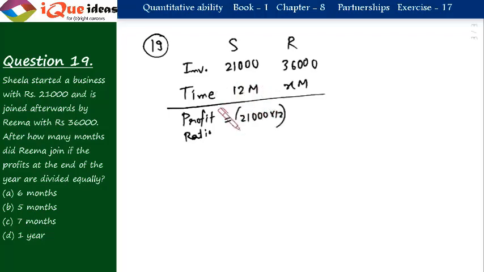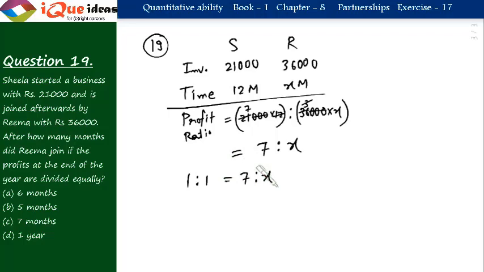So it is 21,000 into 12 is to 36,000 into X. So if you divide, 0 gets cancelled. 12 cancels 36 3 times. 3 cancels 21 7 times. So we have the ratio as 7 is to X. This is the profit ratio. Alright. But it is given that the profit ratio is 1:1 because it is divided equally. So 1:1 is equal to 7 is to X.